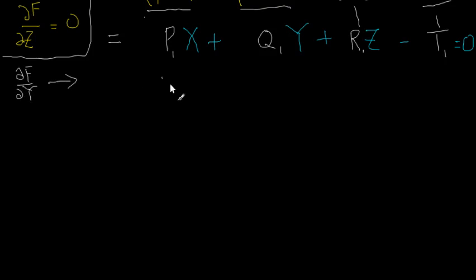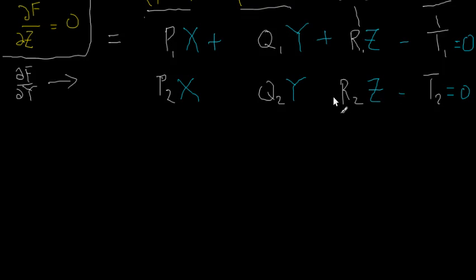would give an expression that looks like this. P, I have a different P, right? So I'll call that P2, a different Q, which I call Q2, different R, which I call R2, and different T, which I call T2. Okay, and then there's the corresponding X, Y, and Z. So likewise, let me get ready the next equation.